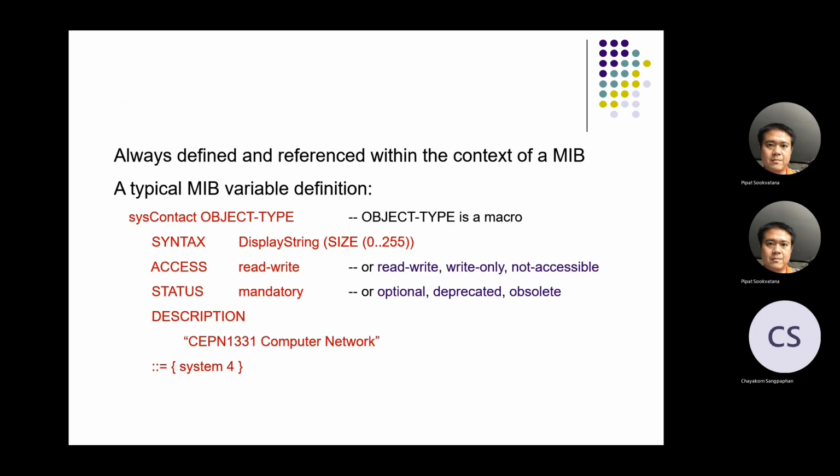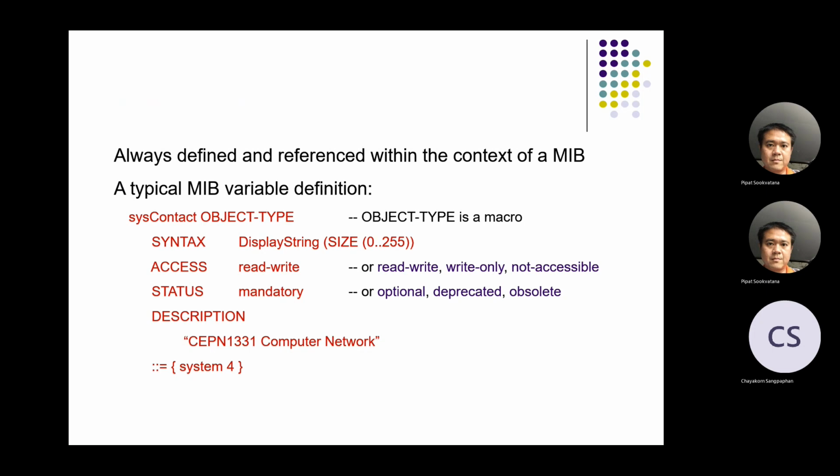So let's go for some examples. If we want to define a new object ID, for example, I want to define the object ID called system contact. The object type, the syntax, is display string, size 0 to 255. The access means I can read, right?